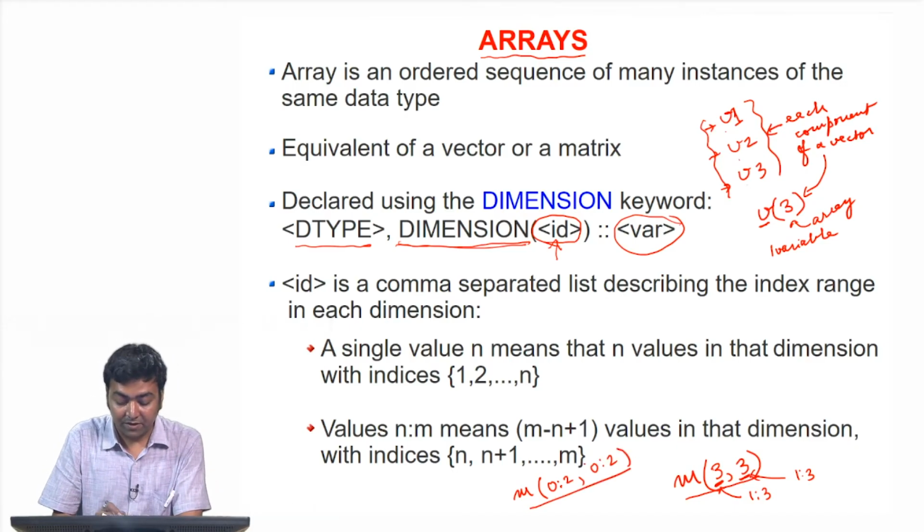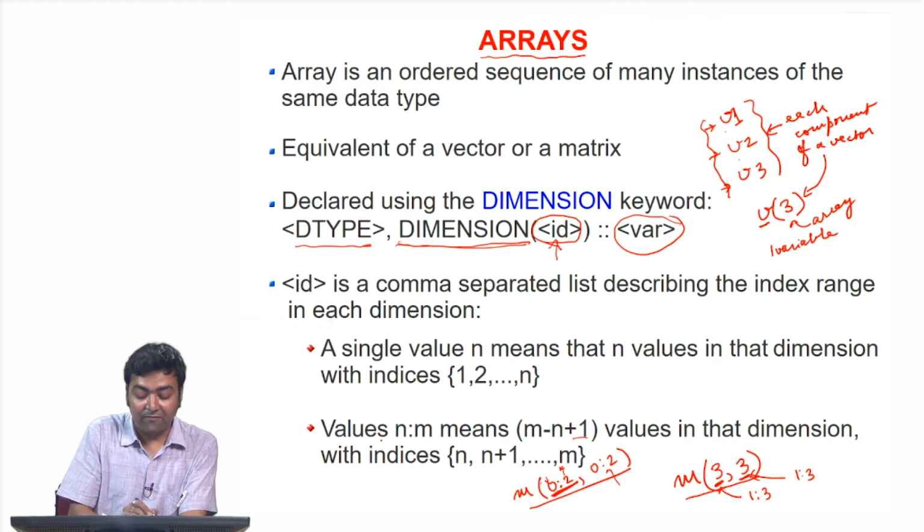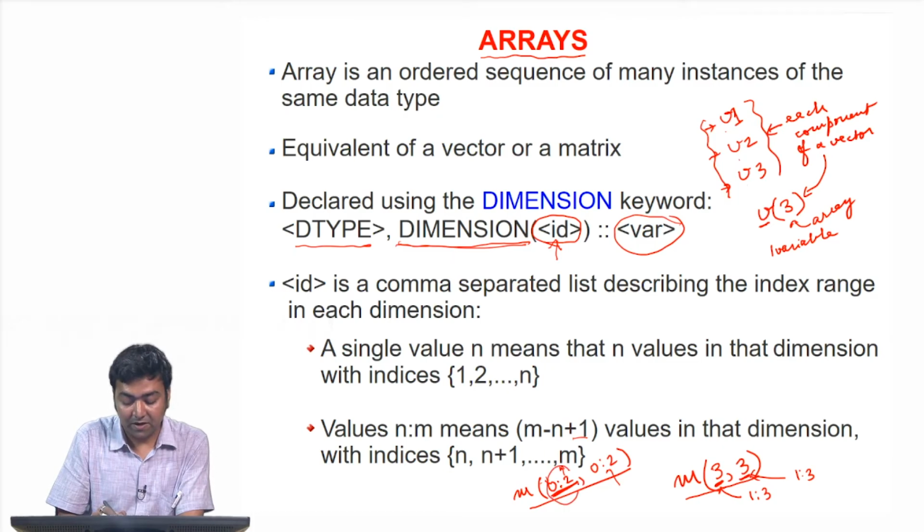What it means is that this one has 3 numbers, where M is my upper limit and N is my lower limit: M minus N, 2 minus 0, plus 1, is 3. So the number of values stored along each dimension is 3 in this example.